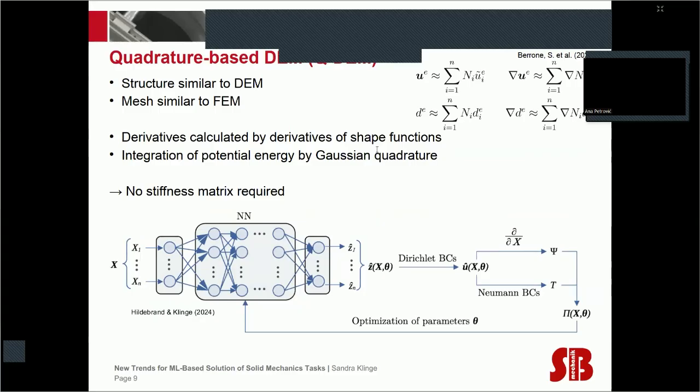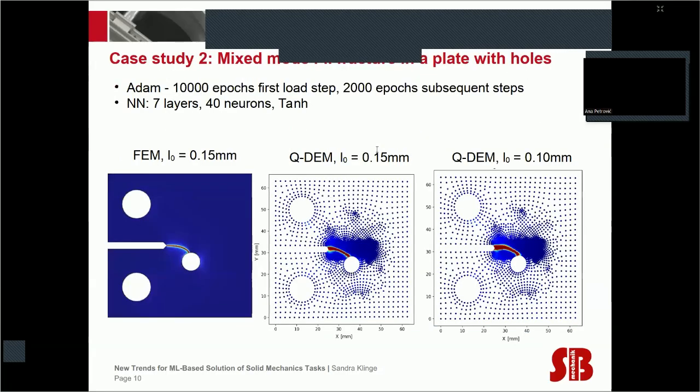So we produced not anymore discrete values for displacement, but we reconstructed the displacement and damage field by using standard shape functions. So then you can see here the results.